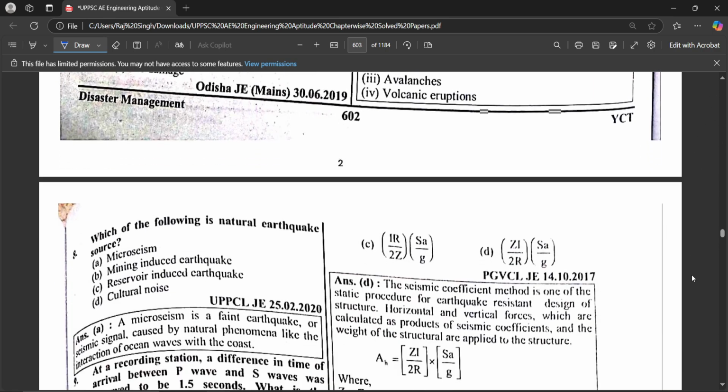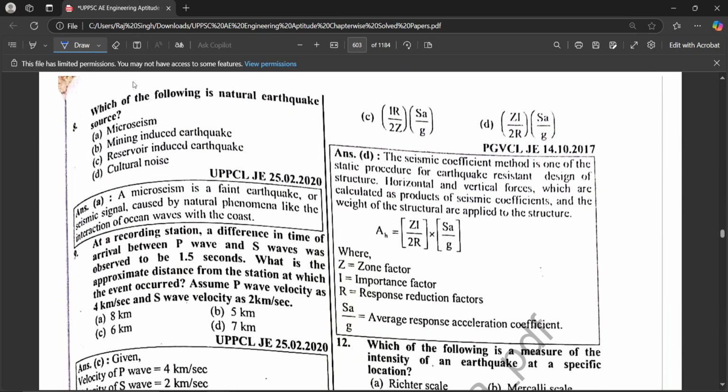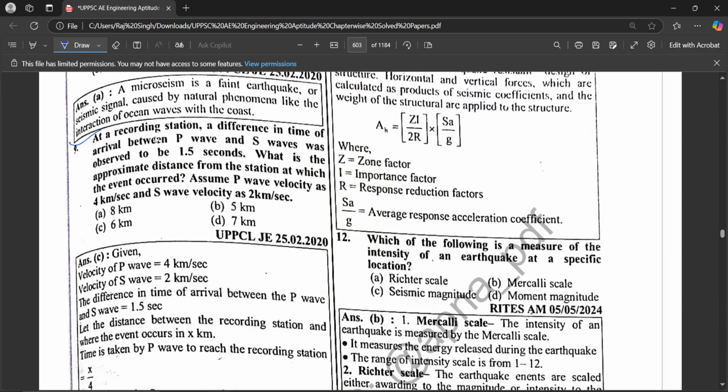Next question देखते हैं. Which of the following is a natural earthquake source, which is the microseisms? At a recording station, a difference in time of arrival between P wave and S wave was observed to be 1.5 seconds. What is the approximate distance from the station at which the event occurred?